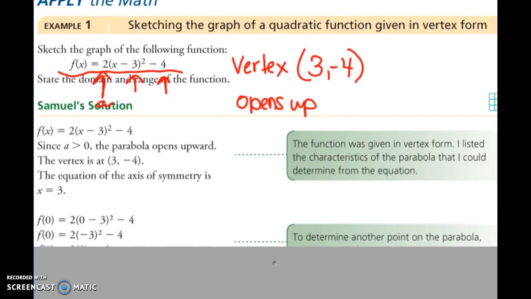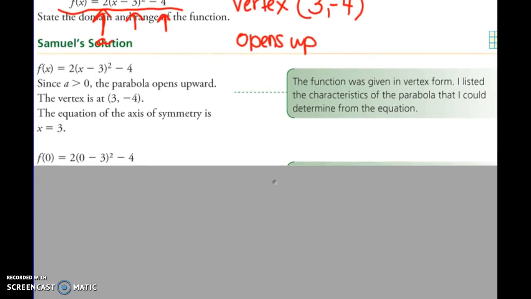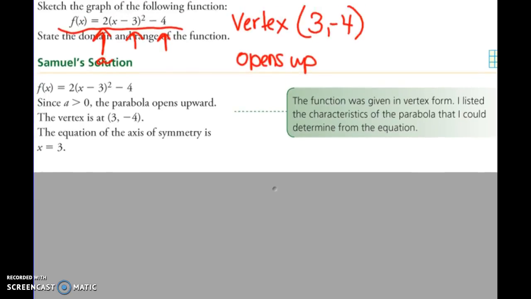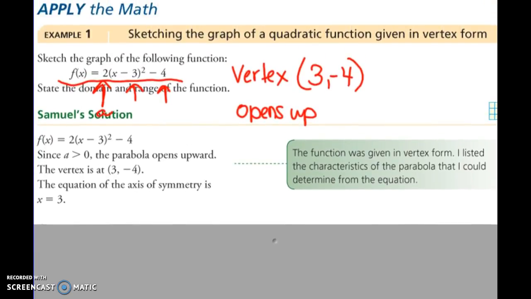Now we probably need another point in order to graph this, because if we think, I'll just draw a rough graph here. All we have is the point (3, -4). If that's the only point that we have, we don't know exactly where it's hitting on the x or y axis.